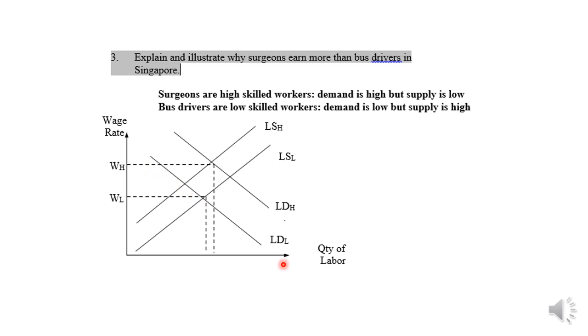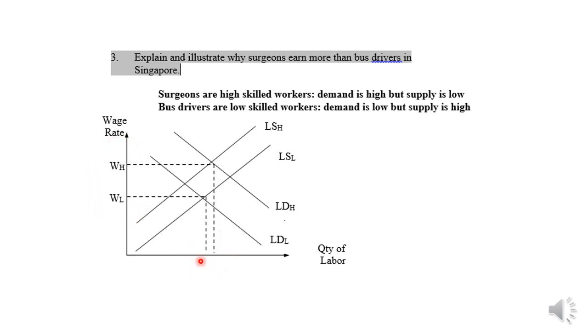But there's more of them around, so the supply is on the right side, so the equilibrium point is here where the mouse is pointing, so the wage is lower. Now the aim of this diagram, as mentioned in the lecture, is that we just want to show wage differential, not so much difference in employment.